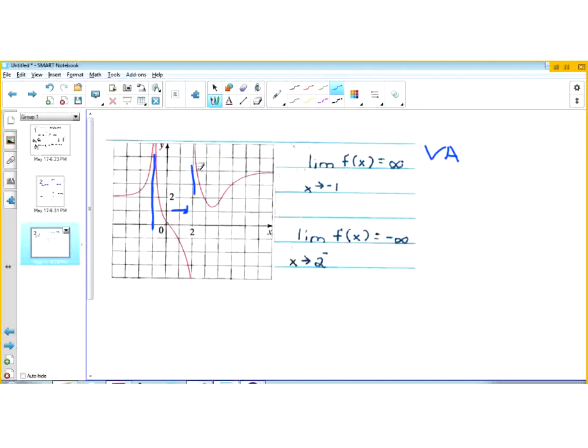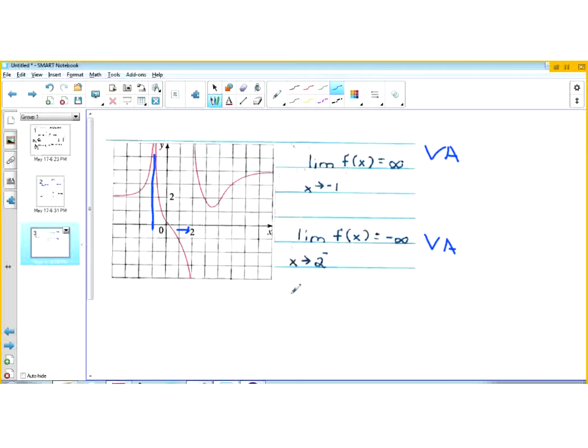No, I'm sorry, I got it backwards. We approach 2 from this direction, and as we get closer and closer to 2 from numbers less than 2, the output of the function shoots down toward negative infinity. So here again, we have a vertical asymptote. We're contrasting vertical asymptotes with horizontal asymptotes.